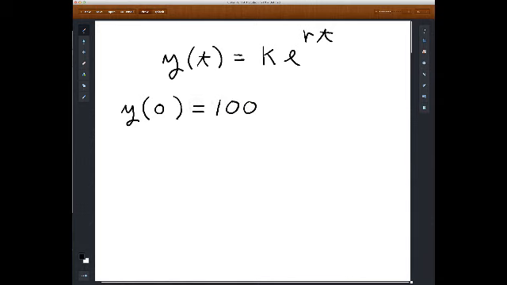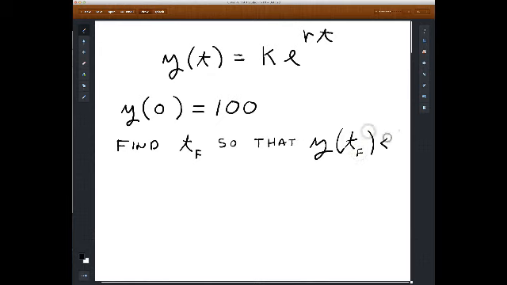What we're trying to do is find some time t, I'll call it t final, so that y at t final is less than 1. In other words, we're finding some period of time when we can move back in.